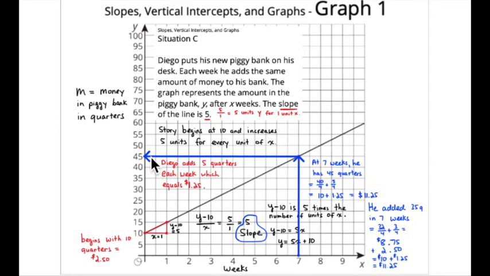So for his weekly amount, he added $8.75, which is 5 quarters a week, but he also started with his $2.50. So to get him up to $11.25.